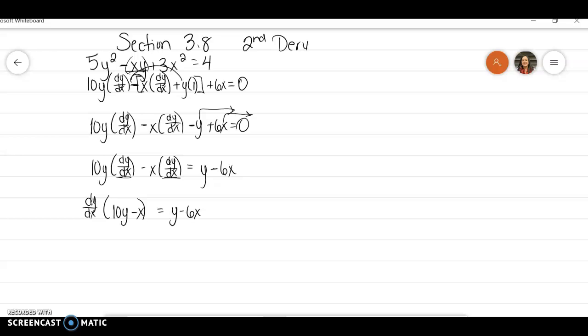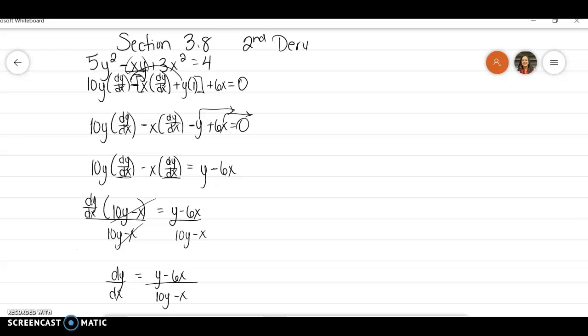And to isolate that dy over dx, I would divide both sides by that 10y minus x. Now those are going to reduce, and that's going to leave me with dy over dx is equal to y minus 6x all over 10y minus x.